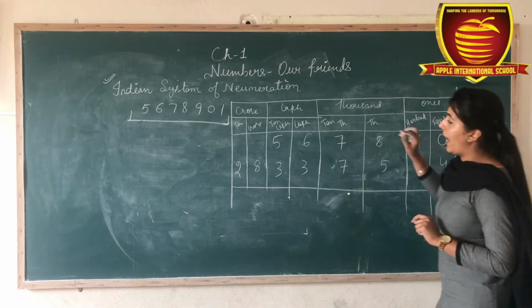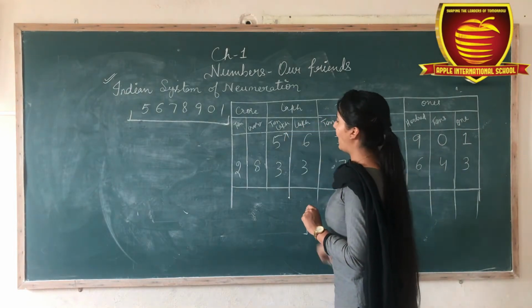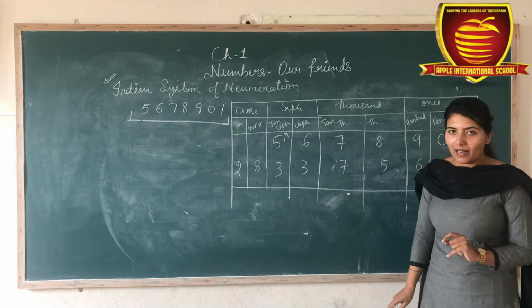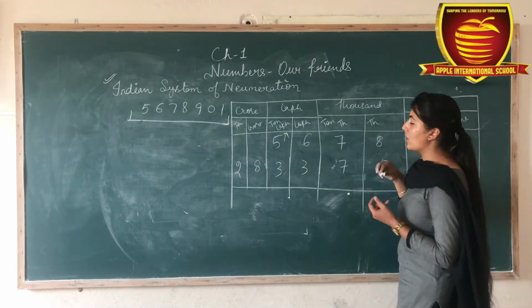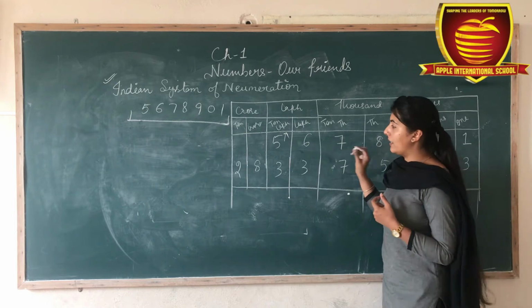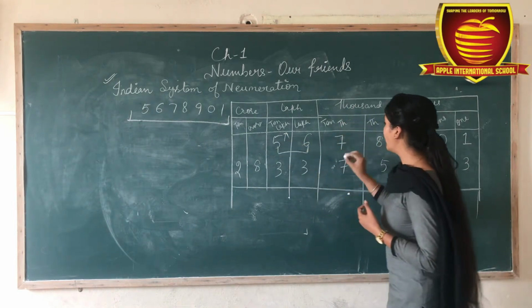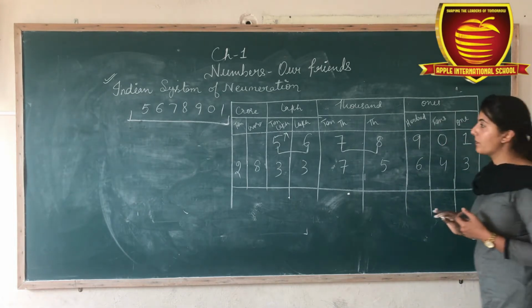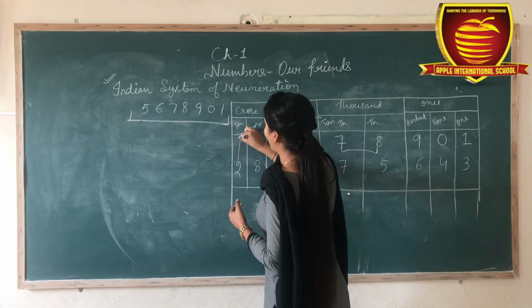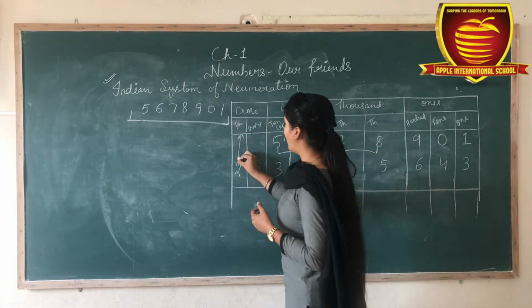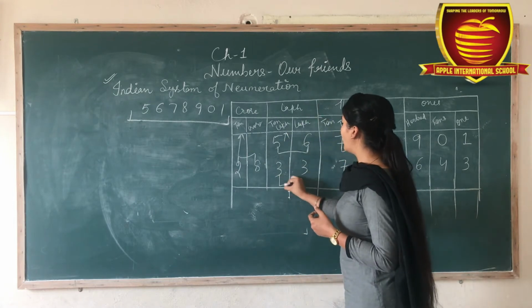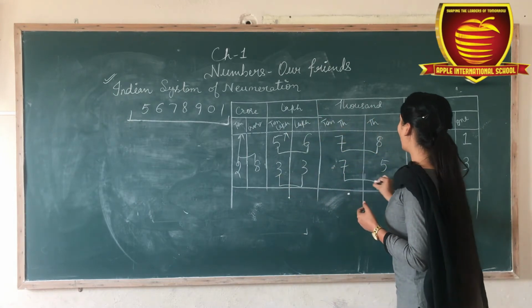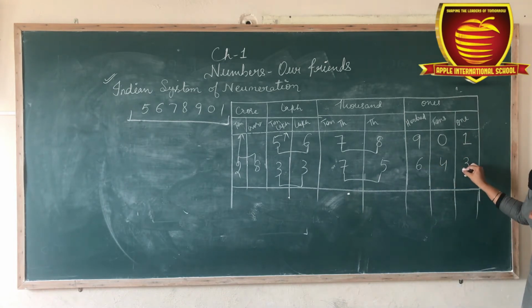I see that 5 is placed at the 10 lakh place, so 56 lakh 78,901. Similarly, 2 is at 10 crore, 28 crores 33 lakh 75,643. So this is our Indian system of numeration.